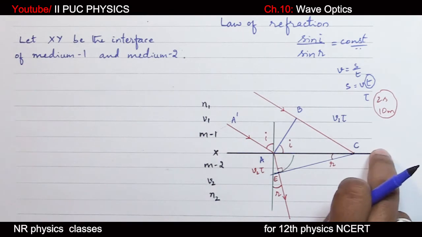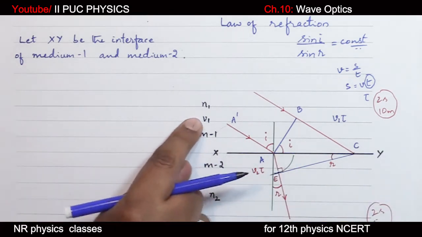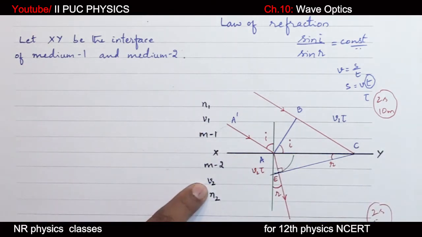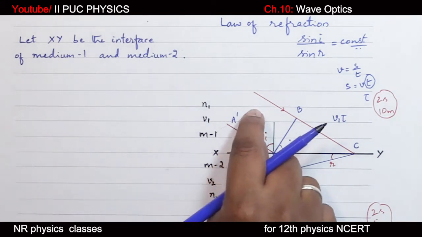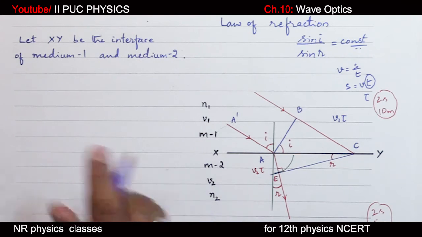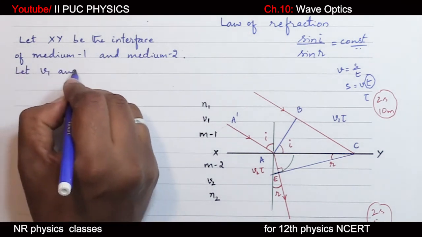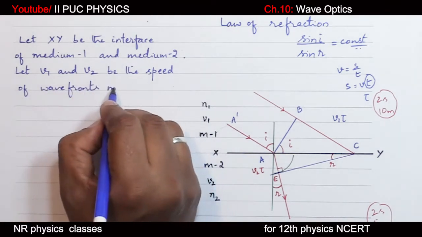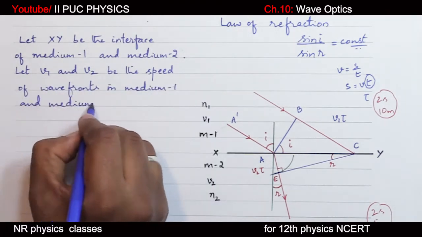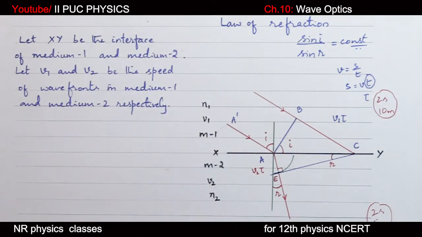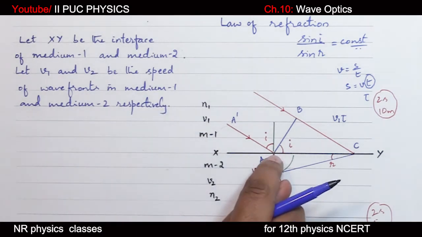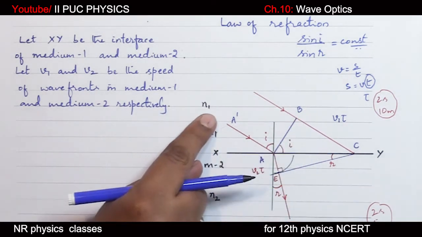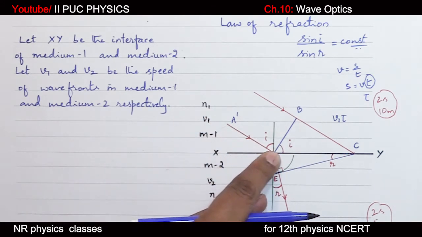That is this. Let v1 and v2 be the speeds in medium 1 and medium 2 respectively. Consider a plane wavefront AB traveling along A dash A.